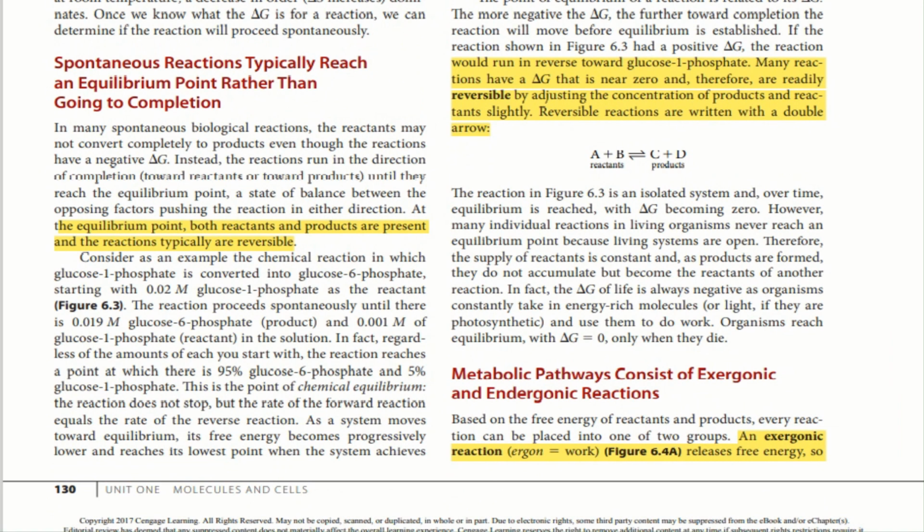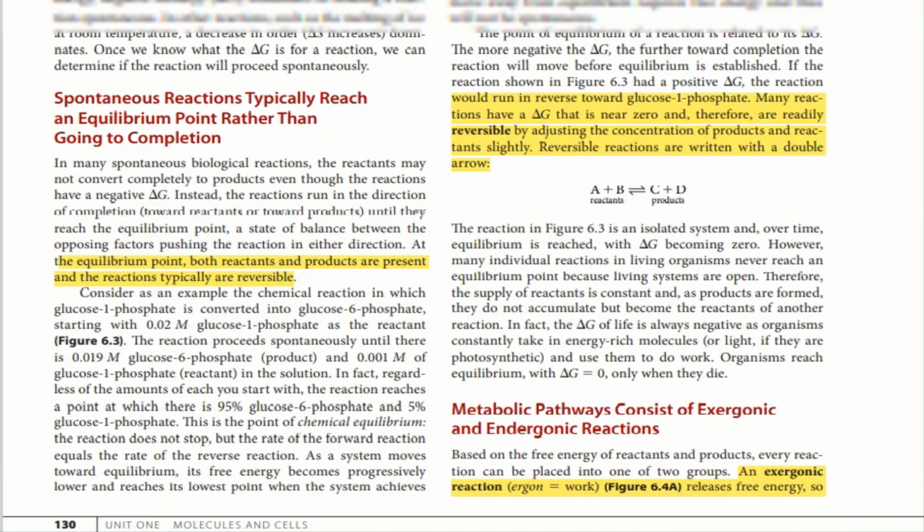Okay, a spontaneous reaction typically reaches an equilibrium point rather than going to completion. At the equilibrium point, we must remember both reactants and products are present, and the reactions typically are reversible. They are in equilibrium, a balanced state between opposing factors pushing the reaction in either direction.